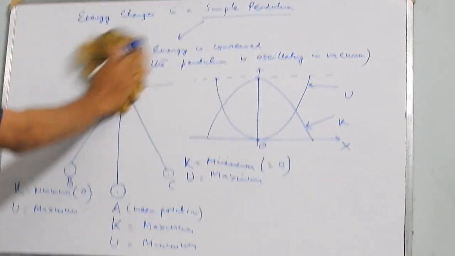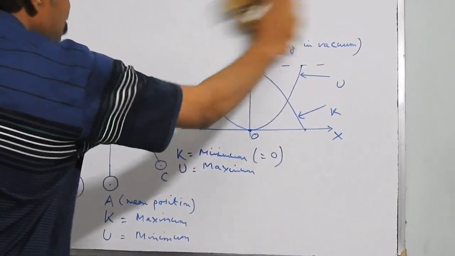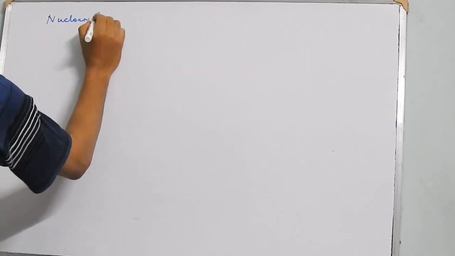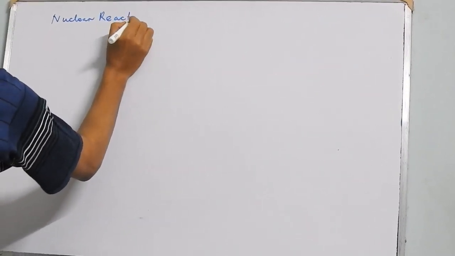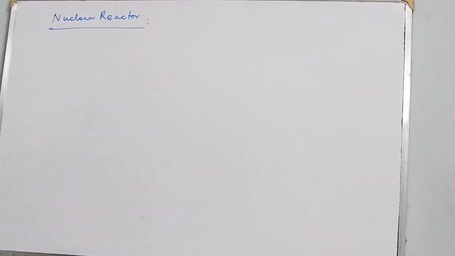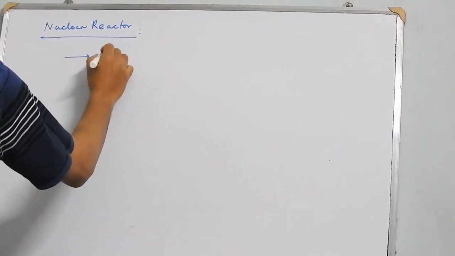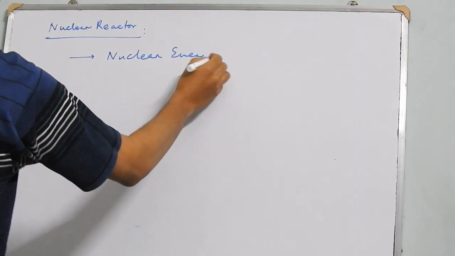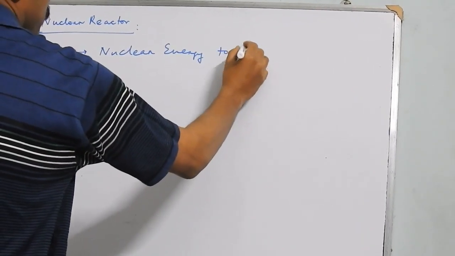So let us take another example of a device where we can introduce the nuclear energy that gets converted into electrical energy. For example, we take the example of a nuclear reactor. In a nuclear power plant, a nuclear reactor is responsible for conversion of nuclear energy to electrical energy.